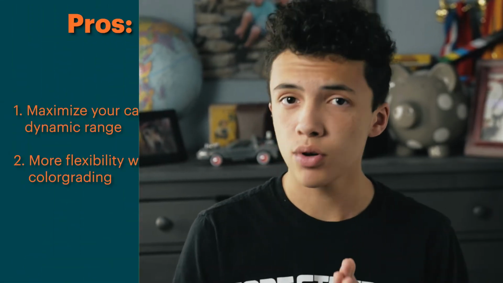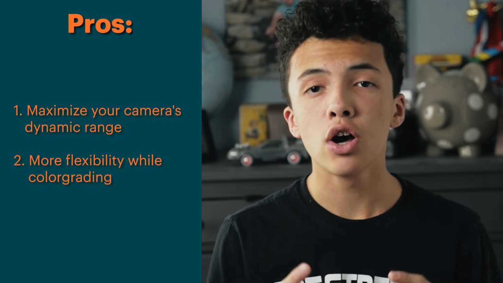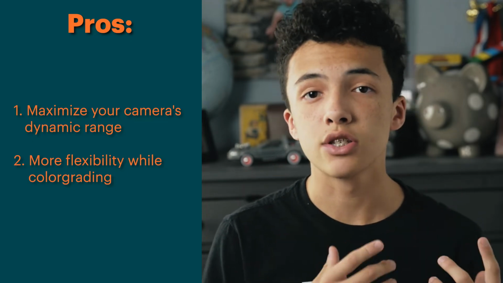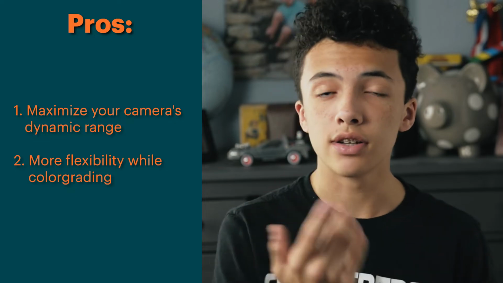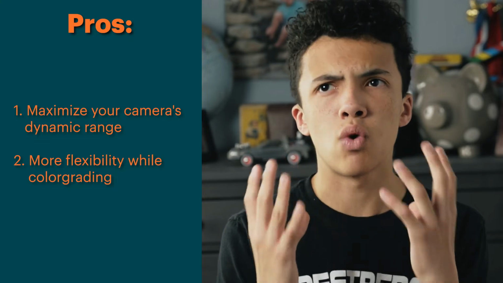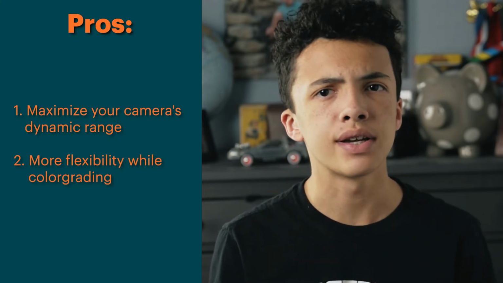So what exactly are the pros and cons of shooting in log? Well, some of the pros are, like we said earlier, log maximizes the overall dynamic range that your camera's sensor can put out. Like this Nikon D4 can put out, shooting in log, a whopping 12 stops of dynamic range.